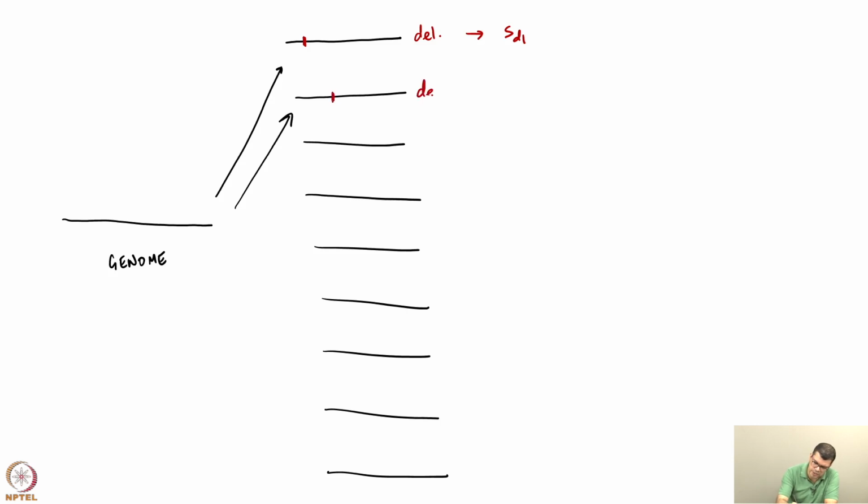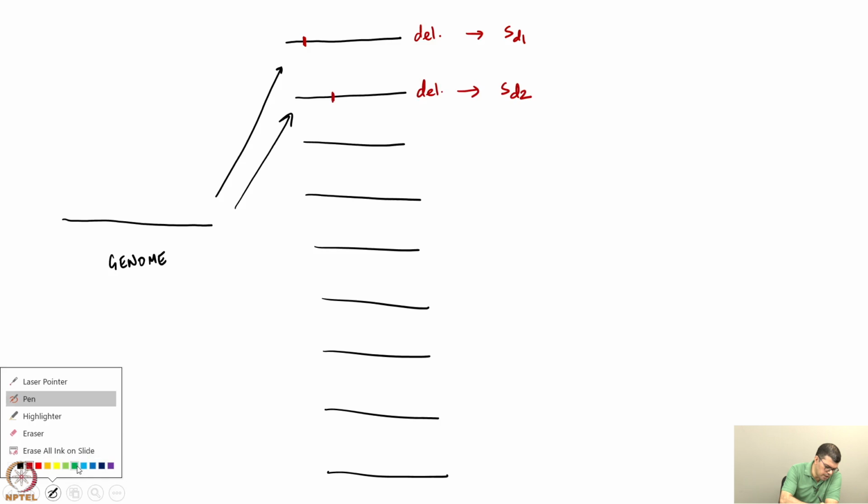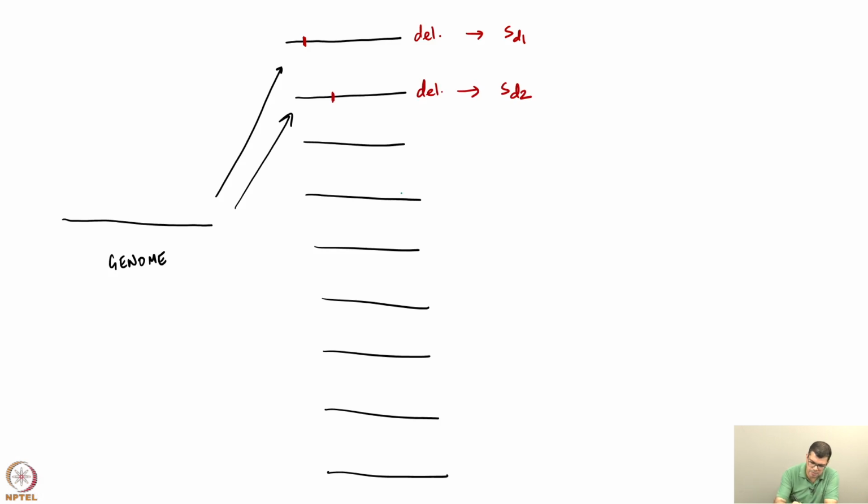So, this was also deleterious and its selection coefficient was SD2. I go back to the original genome and introduce another mutation randomly, and this time the mutation was beneficial. This was a beneficial mutation and its selection coefficient is SB1, and so on and so forth.